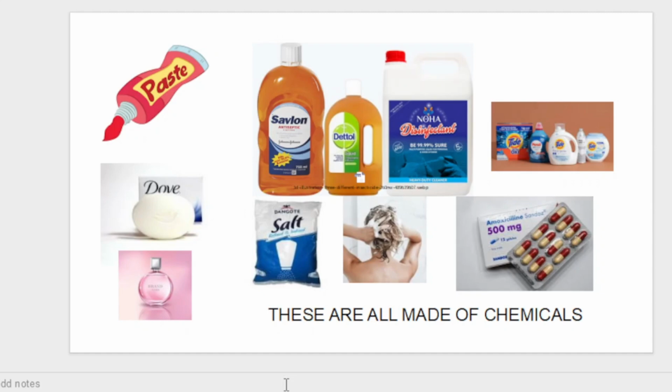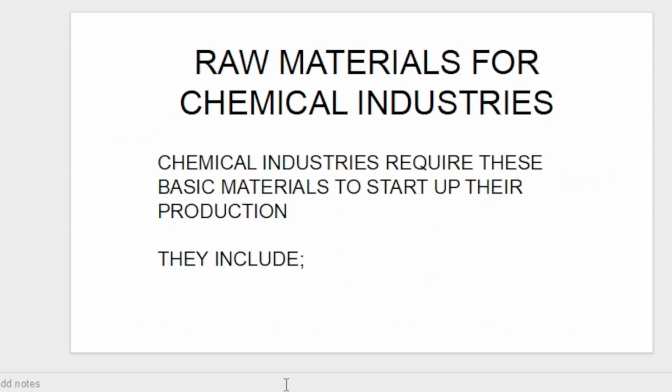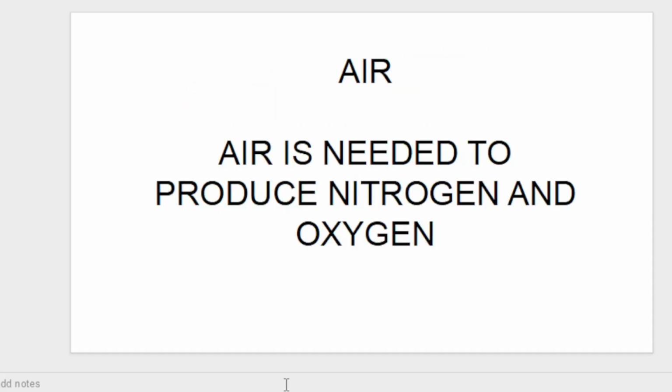Now, what are the raw materials that chemical industries use? Chemical industries require some basic materials to start up their production. These materials include air. Air is needed to produce nitrogen and oxygen.